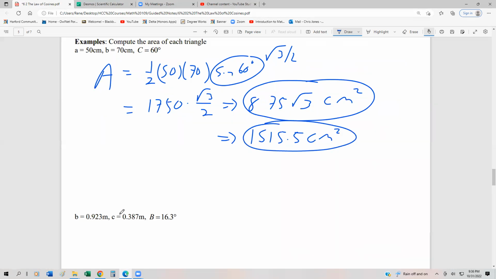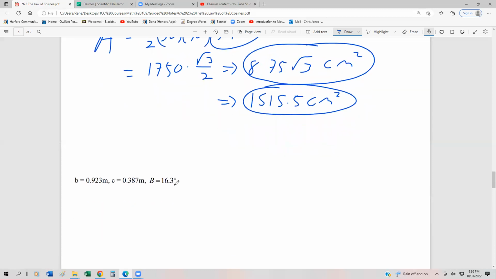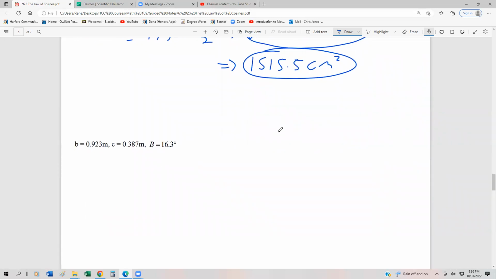Finally, suppose sides B and C are given, and unfortunately we don't have angle A. But we could find angle A pretty easily. We could start by using the law of sines to find angle C. Remember, sine C over C equals sine of B, which in this case is 16.3, divided by 0.923.